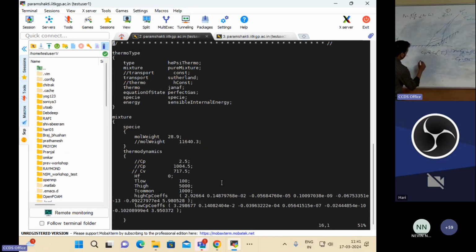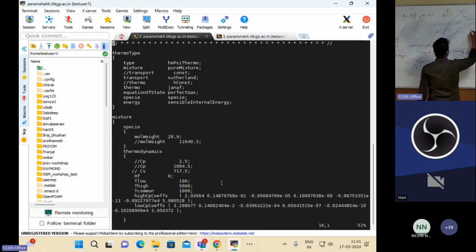So what we do is we define CP as a function of temperature using JANAF polynomials. So typically it is like A0 plus A1 T plus A2 T square by 2 and so on. There is a fifth power polynomial as well, up to A5. So the temperature variation is accounted into the simulation using JANAF polynomials.